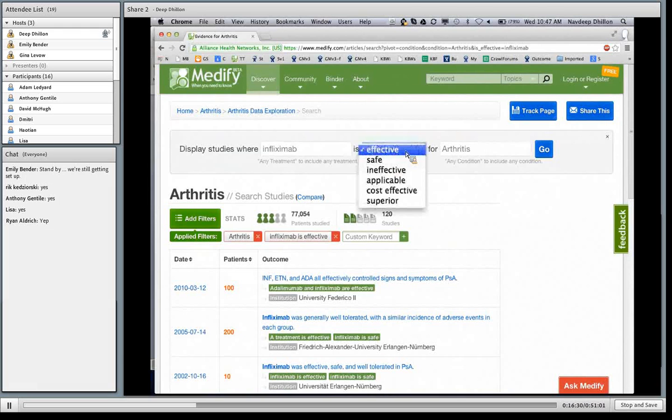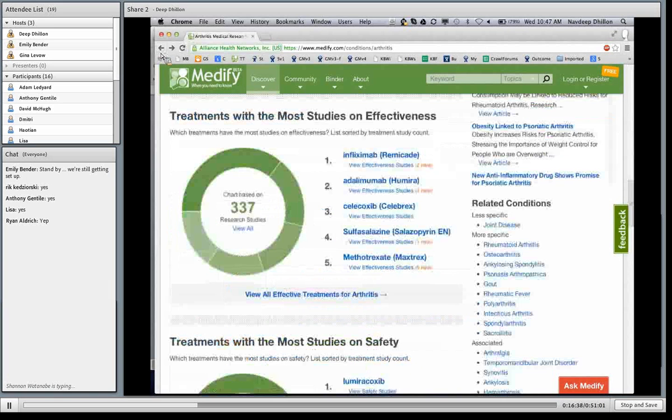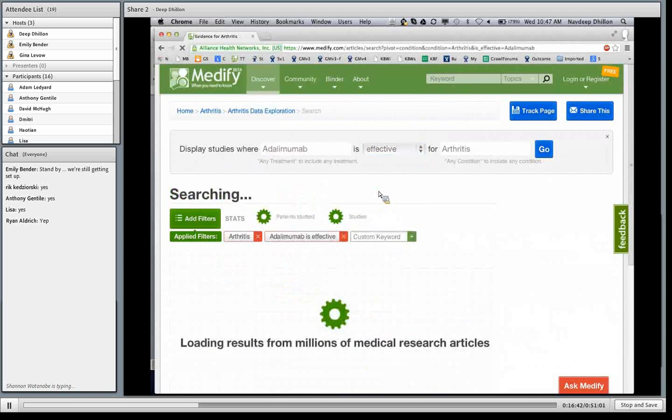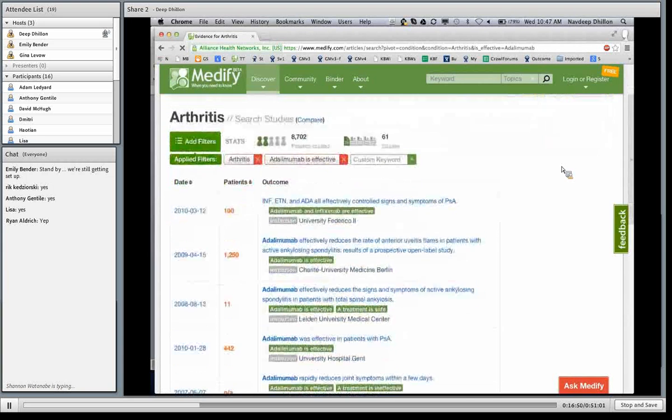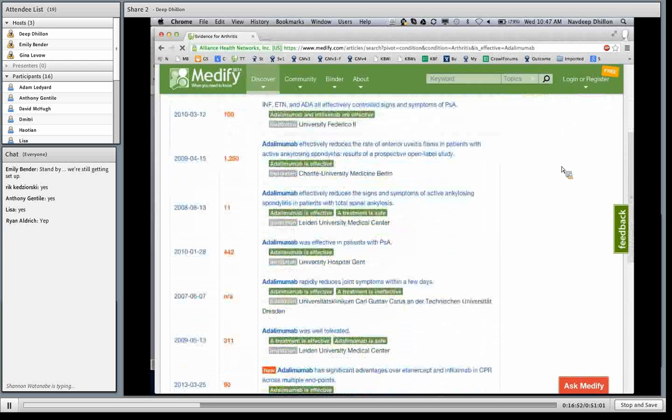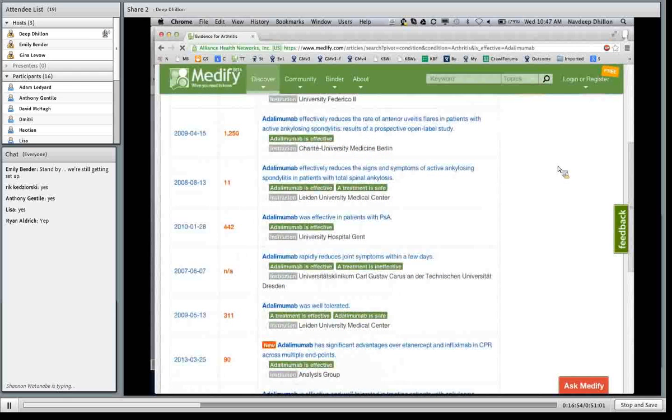You can also pivot on safety and effectiveness and some other pieces. If we look at another one here, adalimumab, we can see a high level of the number of patients studied in these results, and the number of studies.